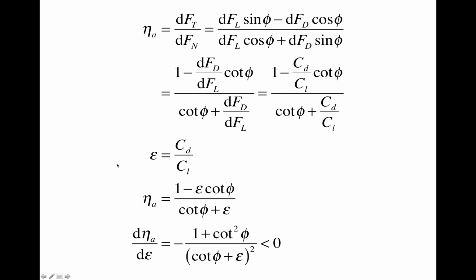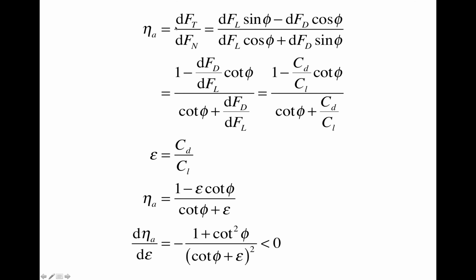So what we would like to do is to maximize the dFT. That's the useful force, while minimizing the normal force, the dFN. dFN is not doing anything useful. It's just causing more damage or structural stress to the turbine.